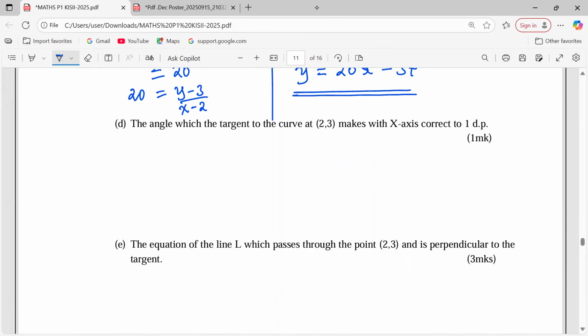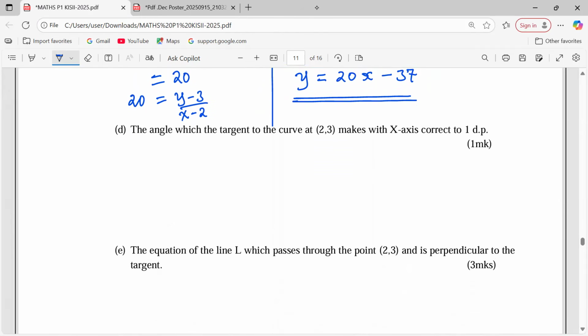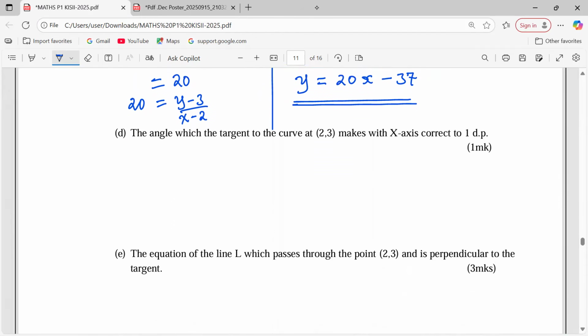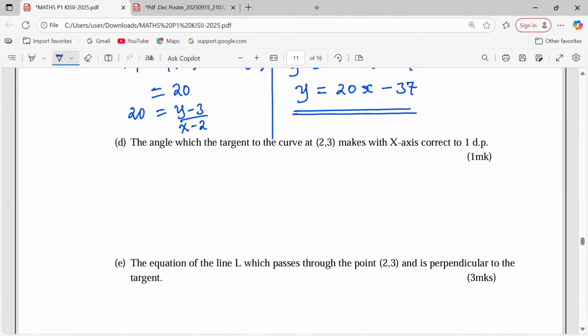The angle the tangent to the curve at (2, 3) makes with the x-axis, correct to 1 decimal place. What we're supposed to know is that, given a certain angle, let's say this is the x-axis, the number of units changing y and the number of units changing x, then there is an angle here.